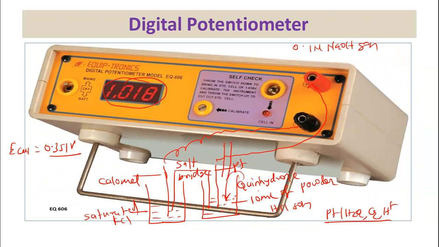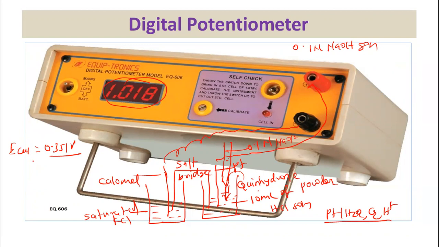Now let us add 0.5 ml of NaOH from the burette to the solution in this quinhydrone electrode beaker. And we have to stir the solution and measure the EMF.